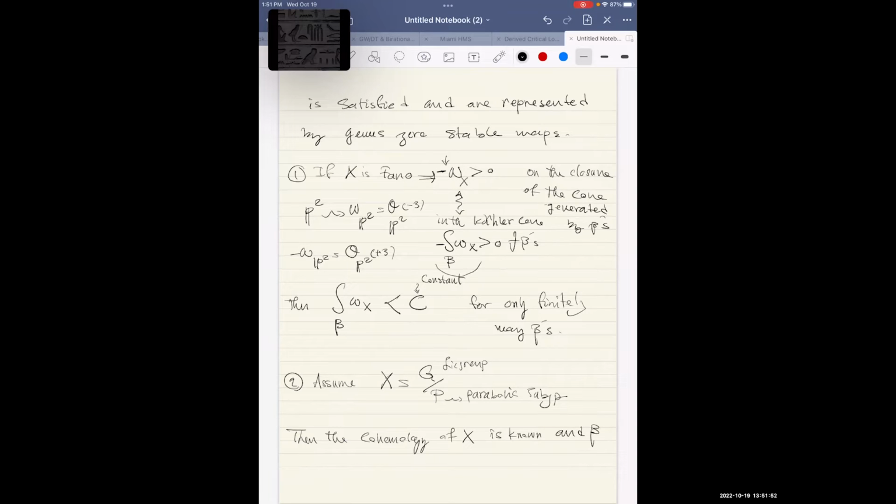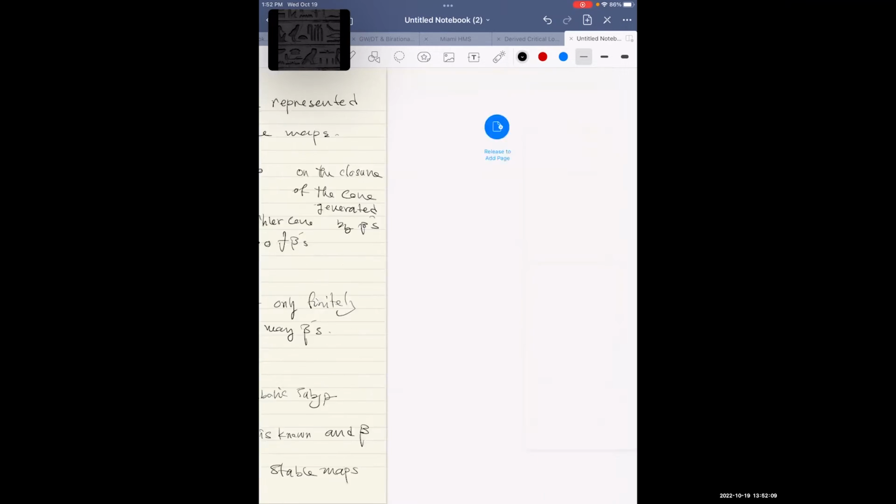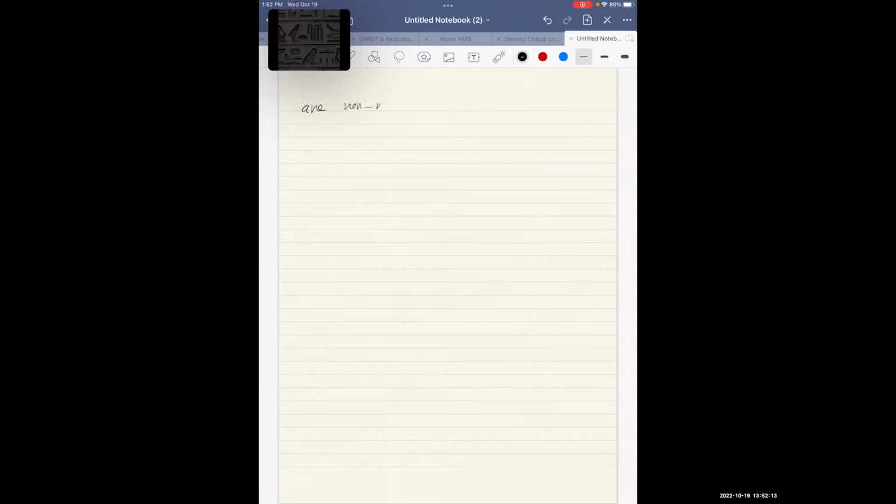And the classes beta represented by genus zero stable maps are non-negative integer combinations of finitely many beta 1 to beta r, such that each beta I is the image of a non-constant map.